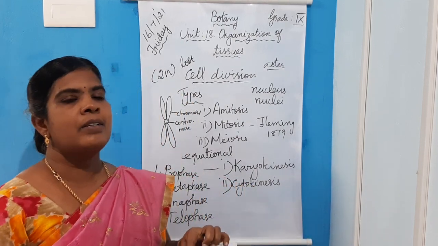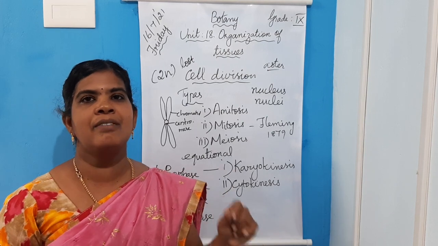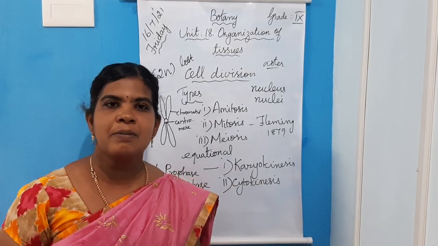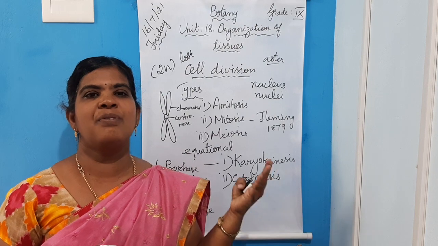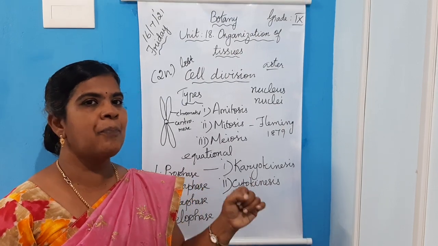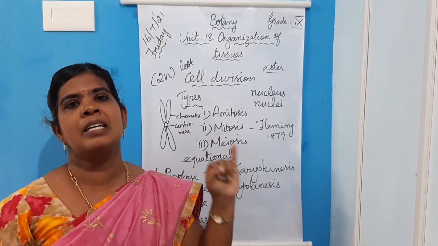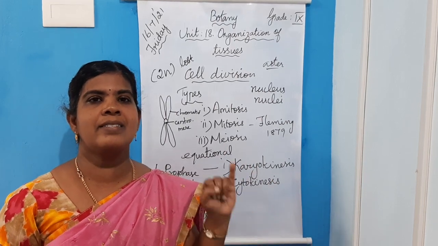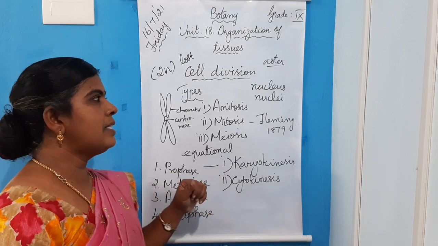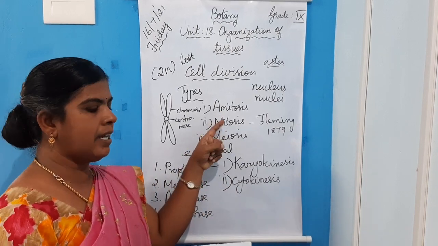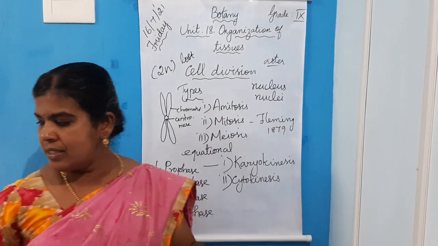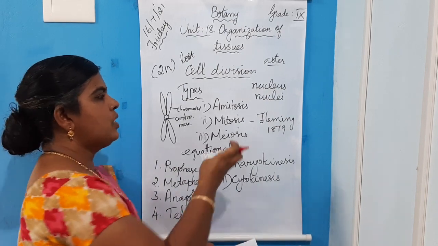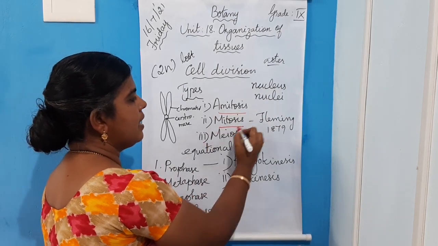Okay, children, you all know what cell division is, what the types of cell division are, and what the phases of cell division are. What is cell division? The division of a cell into daughter cells. What are the types of cell division? There are three types: amitosis, mitosis, and meiosis.